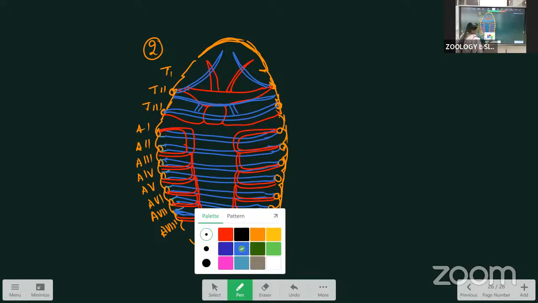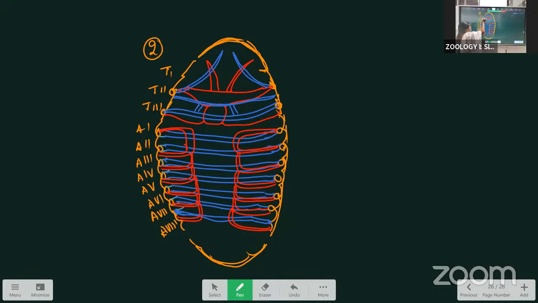Next, one more. Here is the lateral trachea.